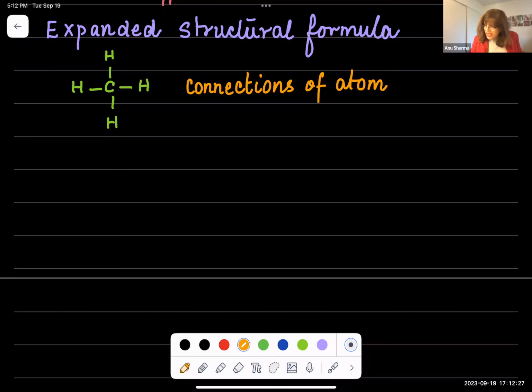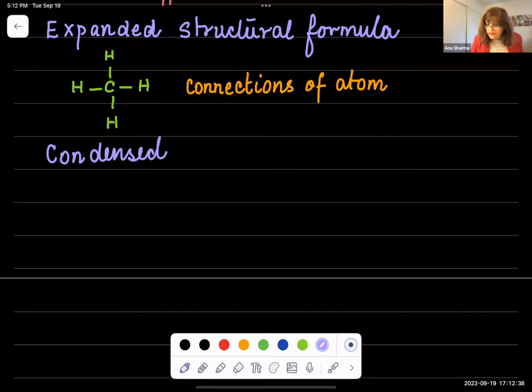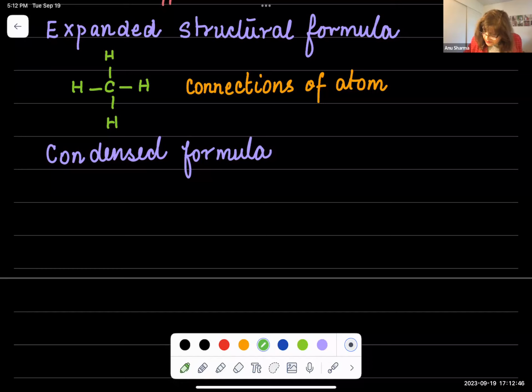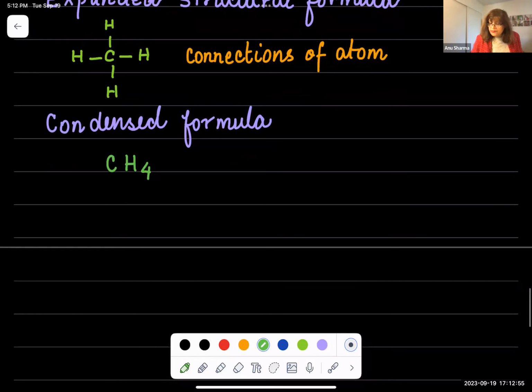Very simple. Then sometimes the structural formula occupies a lot of space, so we also use the condensed version, the condensing of this. So what is the condensed formula? The condensed formula is CH4. It simply tells us the atoms are combined and the bonds are not drawn.